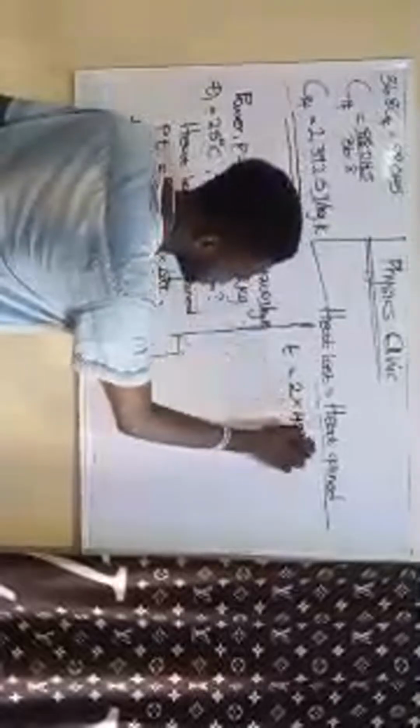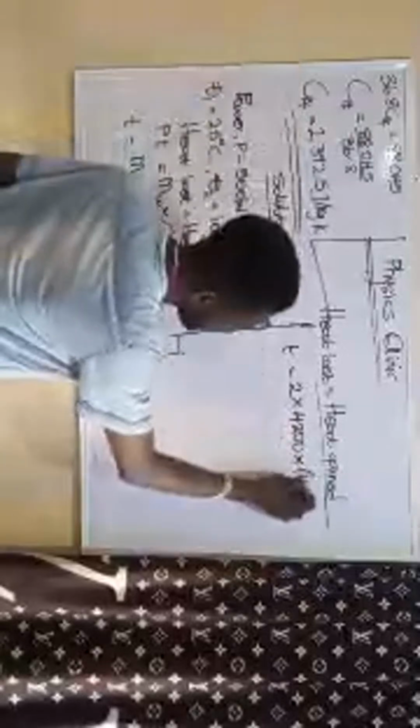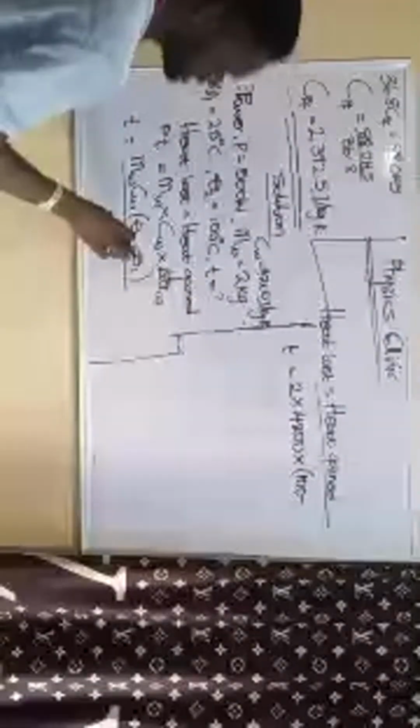All right. So my time, therefore, is mass of water 2 times the specific heat capacity of water 4,200 times theta 2, that is 100, minus theta 1, that is 25. This will be divided by the power, that is 500.